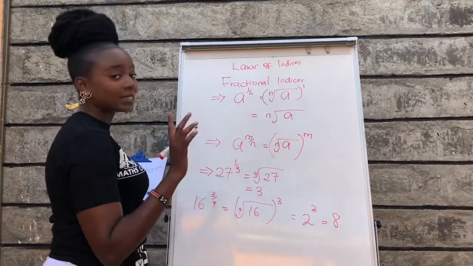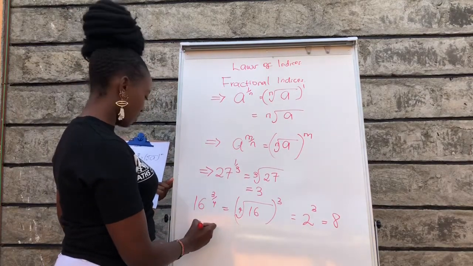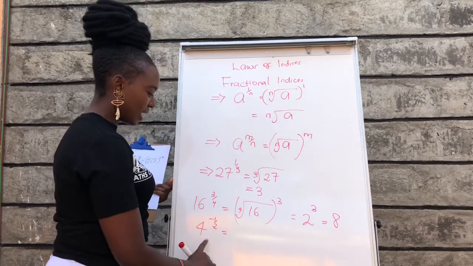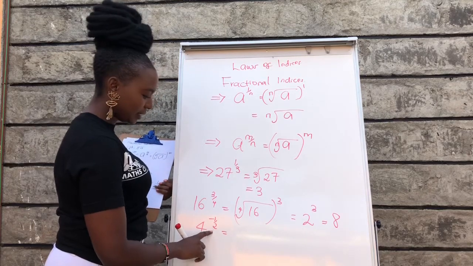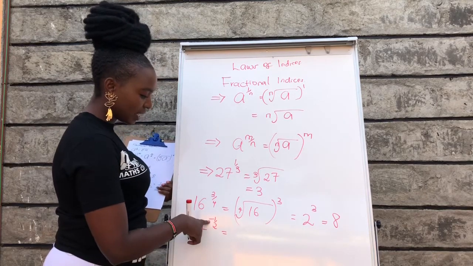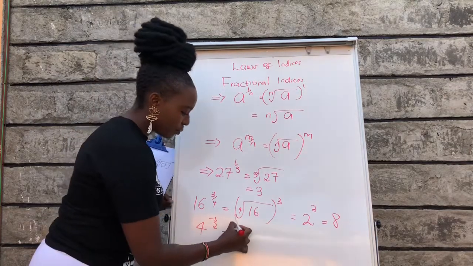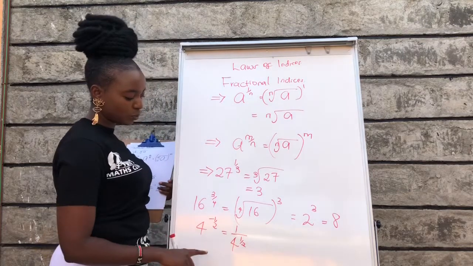And now let's look at the last example. You've been given 4 raised to negative a half. So what you need to do here, like I said again, instead of writing it in this form, because there's a negative sign, you can opt to remove the negative sign by bringing 1 over 4 raised to positive a half.